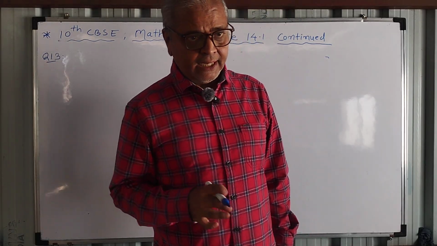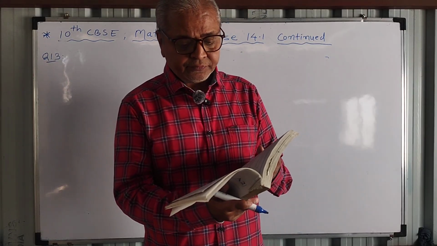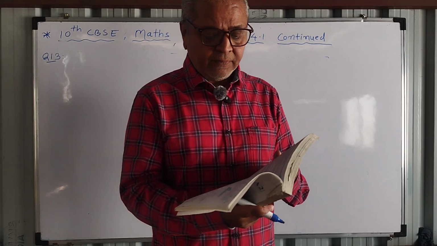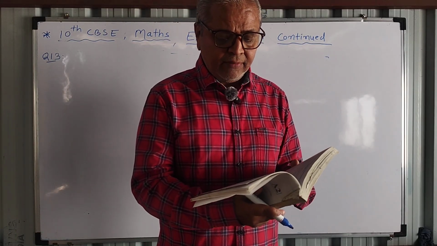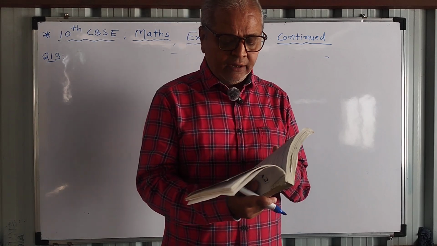And then the events, that is the sub questions. So what is the sub question? Find the probability of getting first a prime number, second a number lying between 2 and 6, and third an odd number.